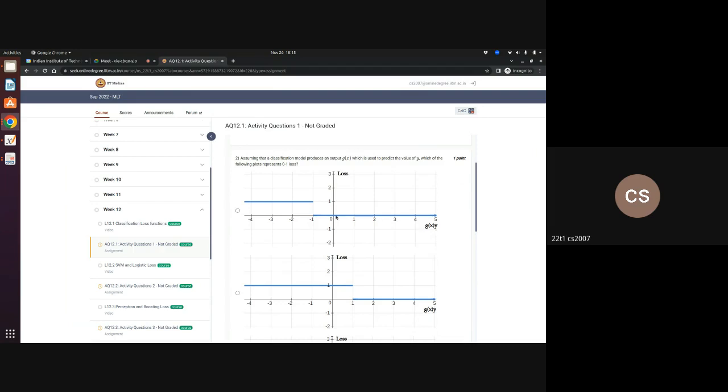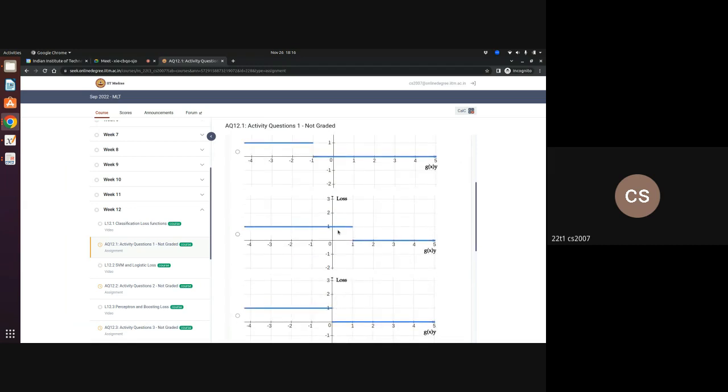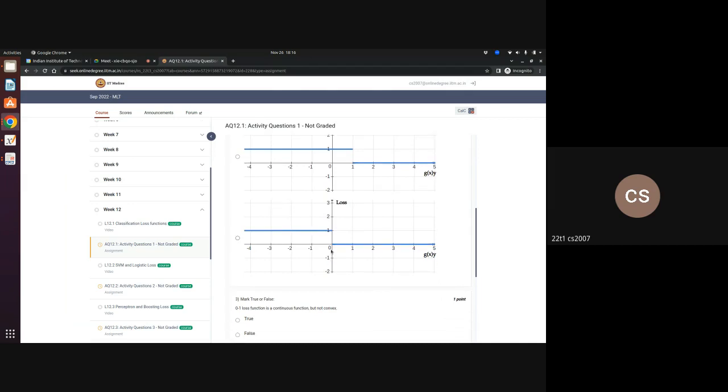Here, after this point, w transpose x into y is greater than 0, and in that case there should not be any error. And when it is less than 0, which means negative, there should be an error of 1. That we should note. So the first one is incorrect, the second is incorrect, and the third option is the correct one. This is your 0-1 loss.